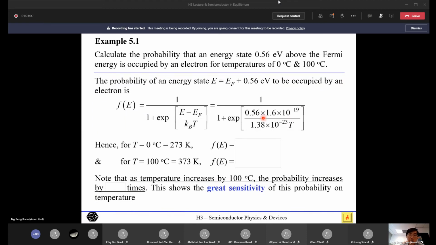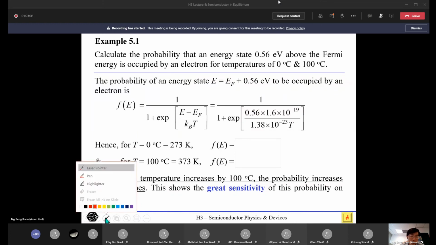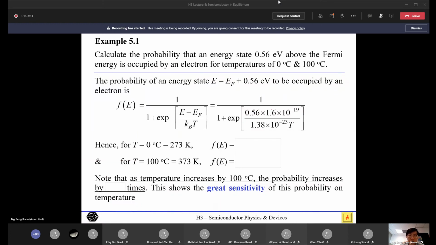And to calculate the numerical value, okay, take note that here we have to convert the units to joules. Okay, so whenever you do calculations like this, important thing to take note is that the units in the quantities that you're using, right, must be consistent with one another. Okay.